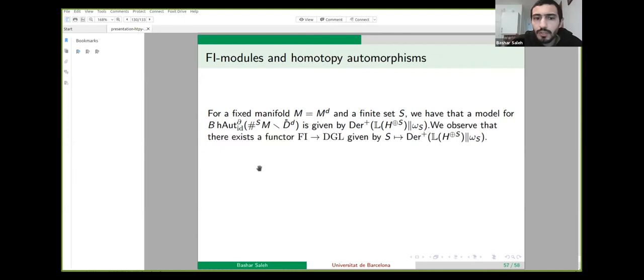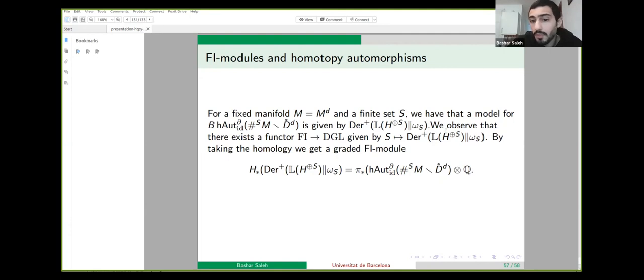We observe that there is a functor from the category of finite sets and injections to DGL given by the following. We take a finite set S and send it to this derivation Lie algebra.